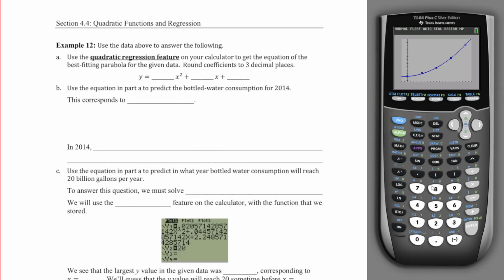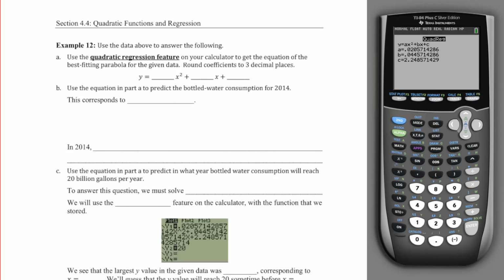So let's go back and grab that quadratic function again. Stat, calc, quadreg. Of course, whenever we have one of these curves of best fit, our coefficients are going to be kind of unpleasant numbers. We're going to round them to 3 decimal places.